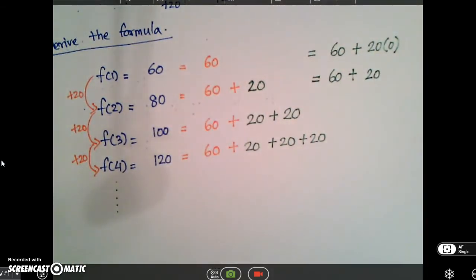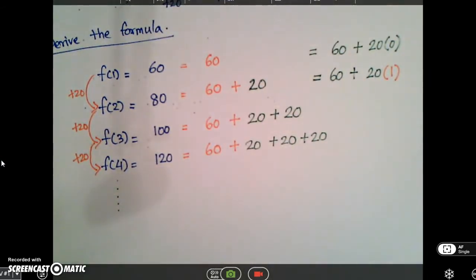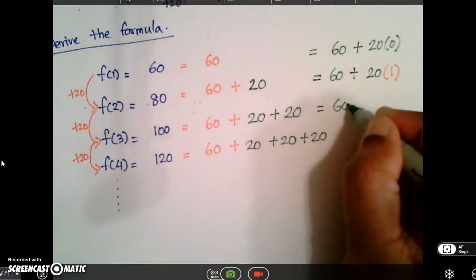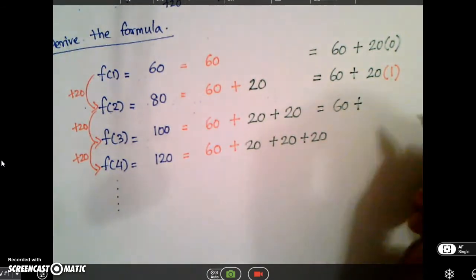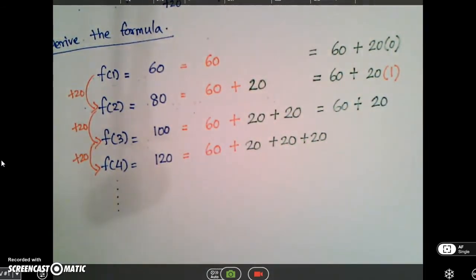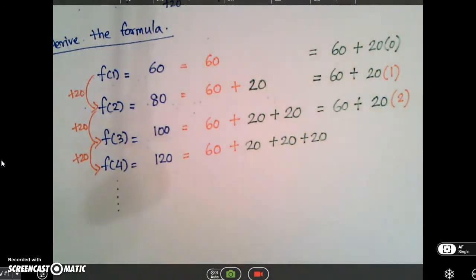How many times am I adding the 20? I'm adding it one time. The third term, I have my first term 60 and I have the common difference 20, and how many times am I adding it? 2 times.